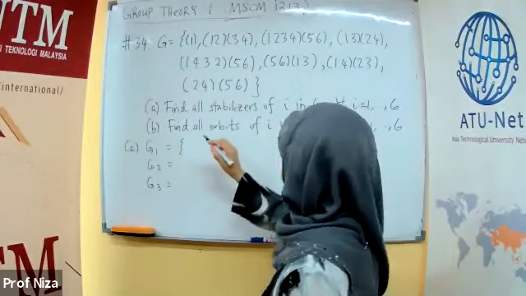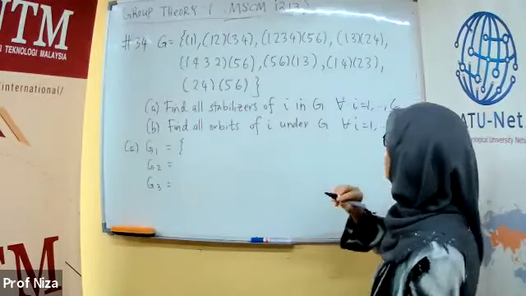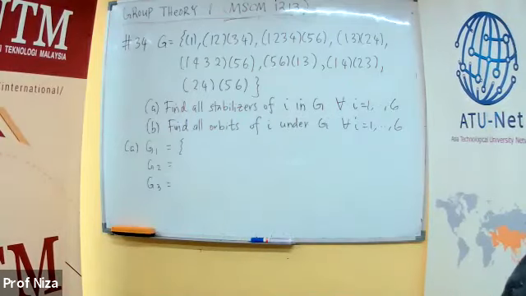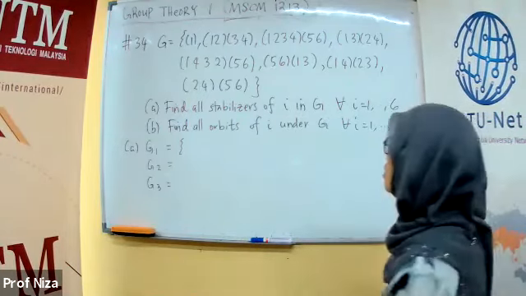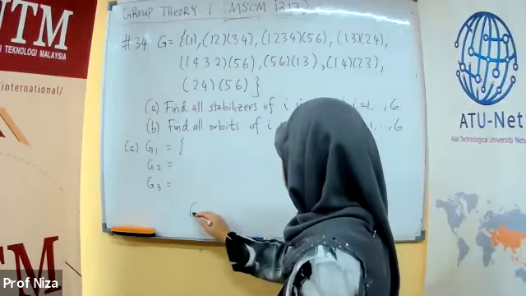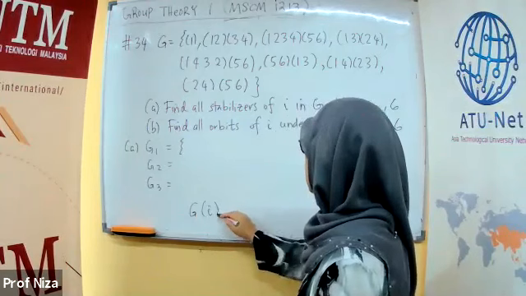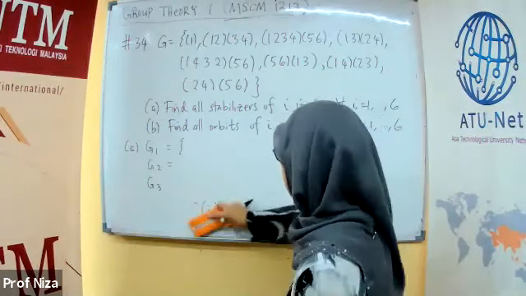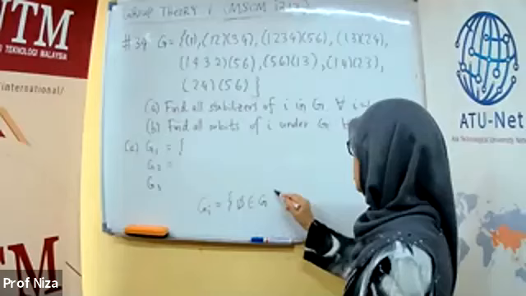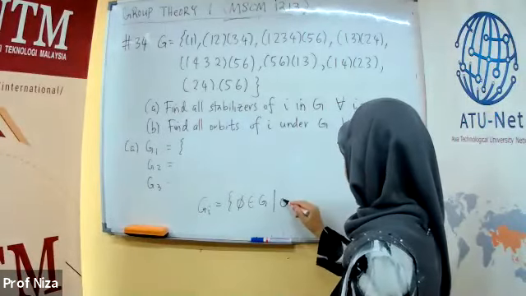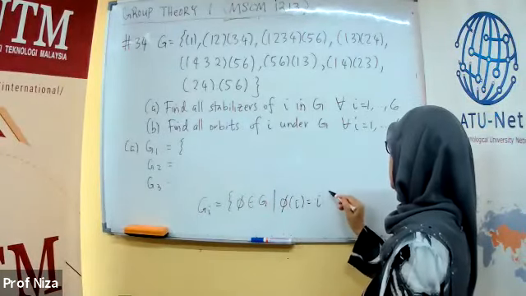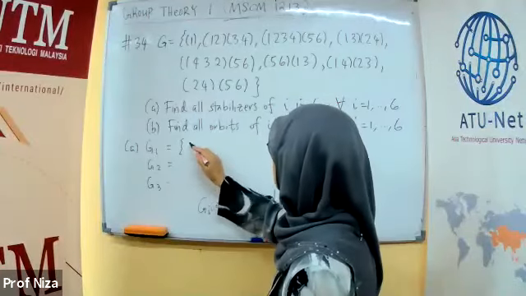G sub i is the set of phi in G such that phi of i is i. Okay, so what fixes 1?